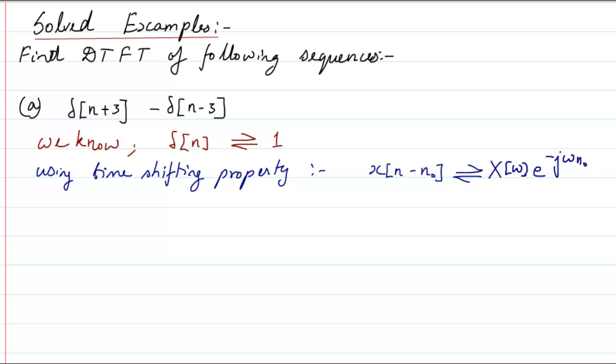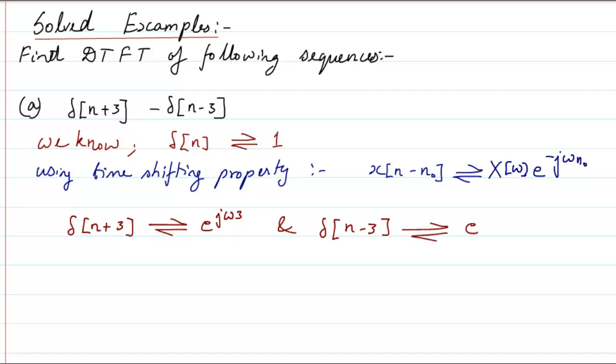So using that property, I will write that the DTFT of delta n plus 3 is going to be 1 into e raised to power minus, since this is plus, this should be plus j omega 3. And the delta n minus 3 will give a DTFT of e raised to power minus j omega 3.